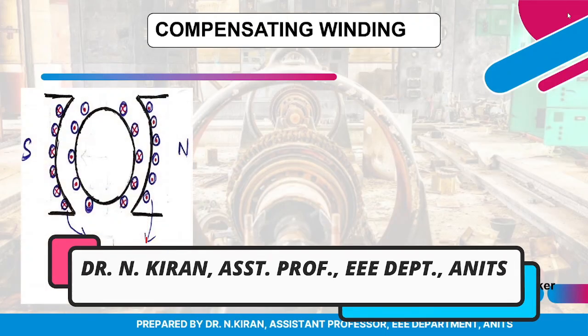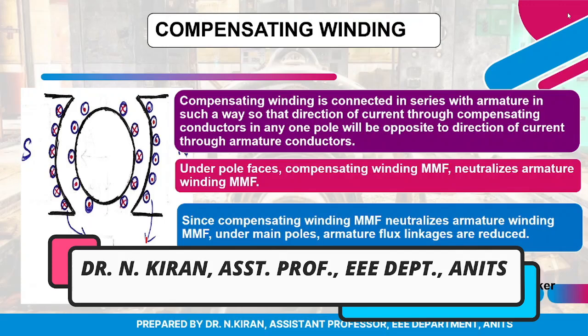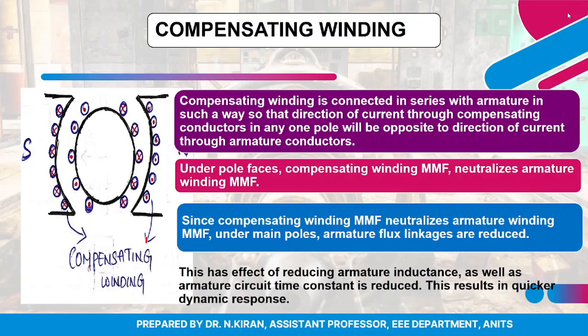And the last remedy is using compensating winding. Since in the previous case we cannot totally nullify the armature flux using interpoles for large machines, this method is greatly used for larger machines to nullify the armature reaction.